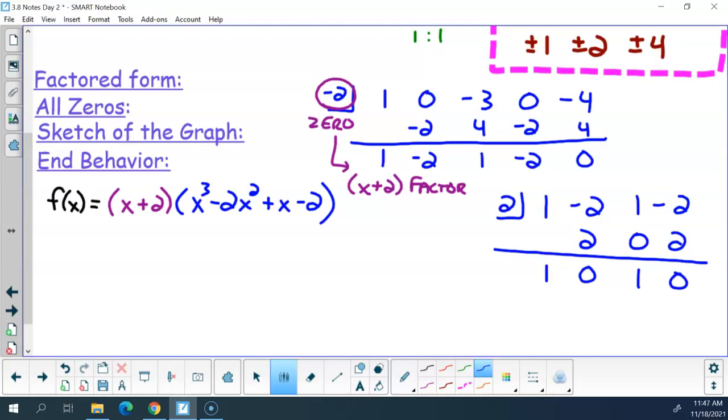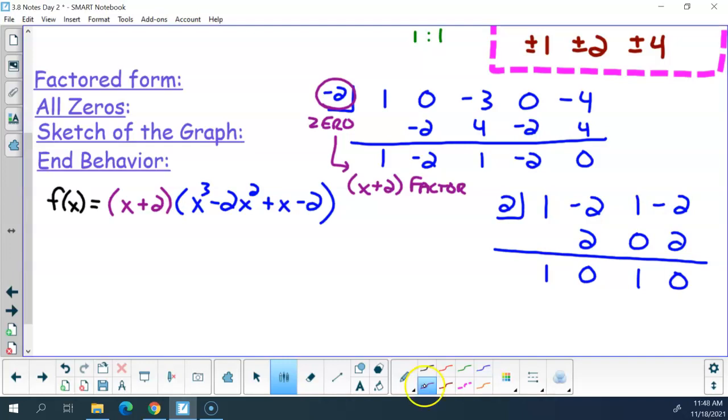Or, my other option is, this blue one, we could have factored it by grouping. Cut it in half, factored out an x squared on the left, factored out a positive 1 on the right.